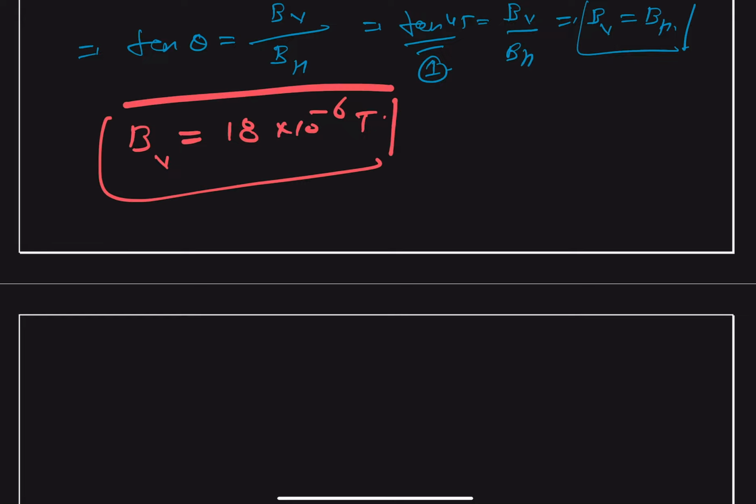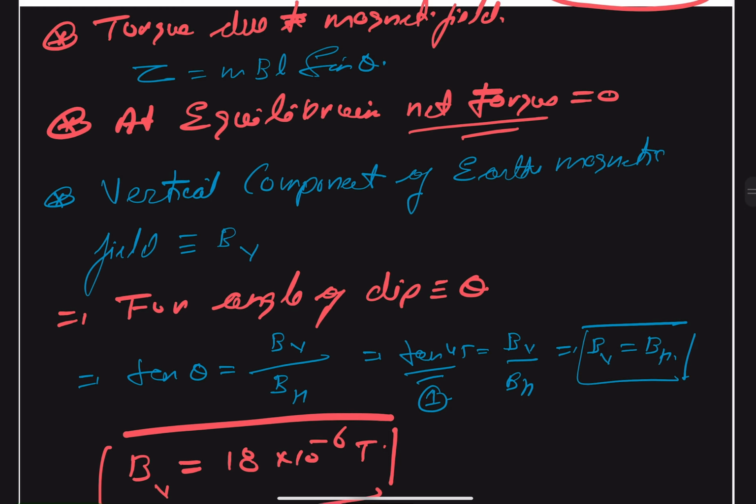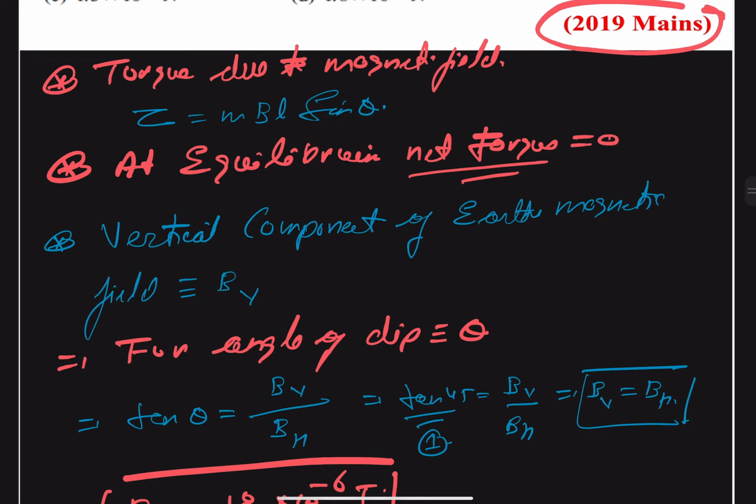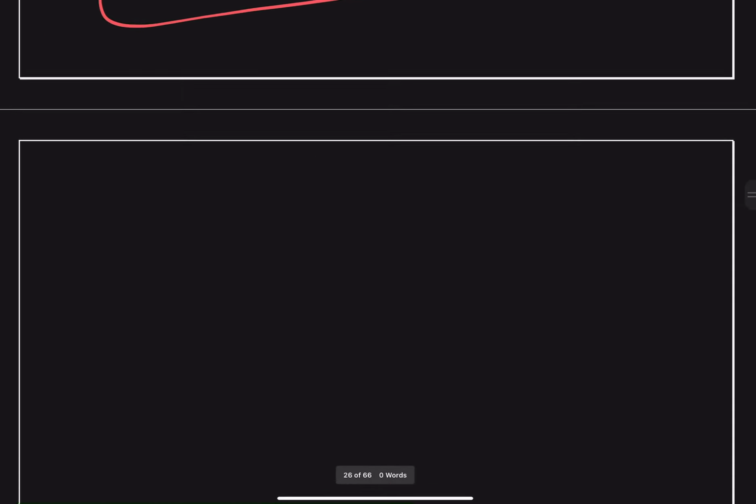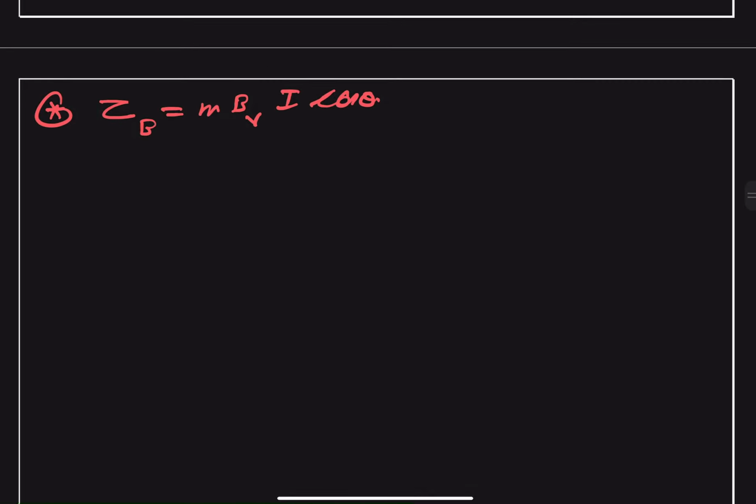Now we come to the torque part, torque due to the magnetic field, and let us represent it by tau B. So tau B is equal to m times the vertical component times L cos of theta.